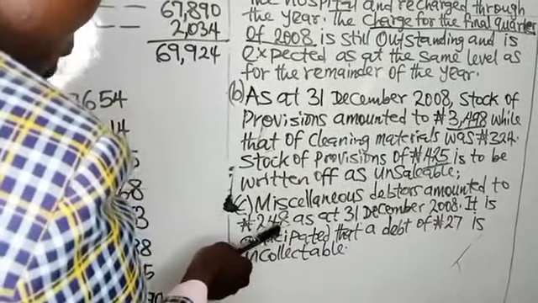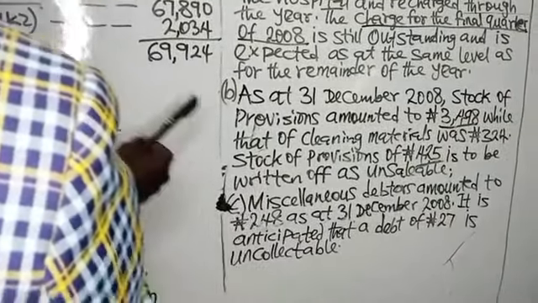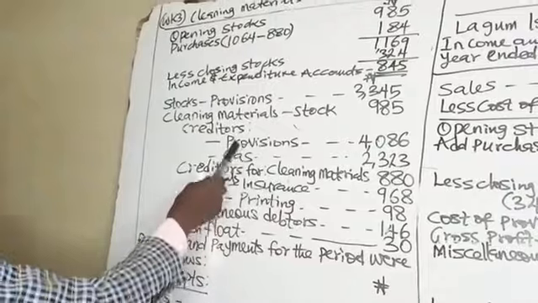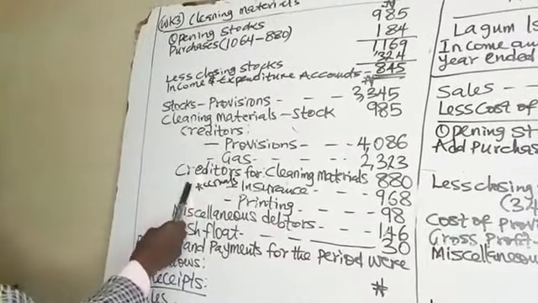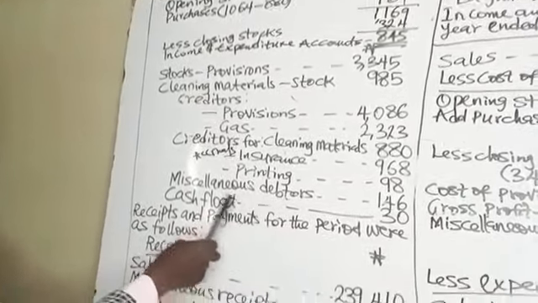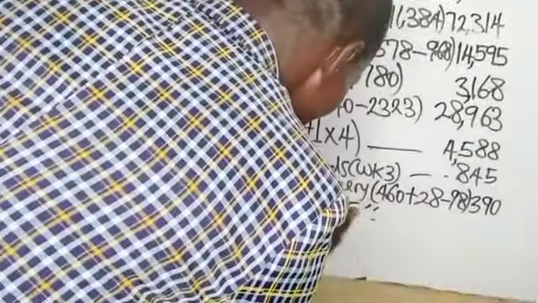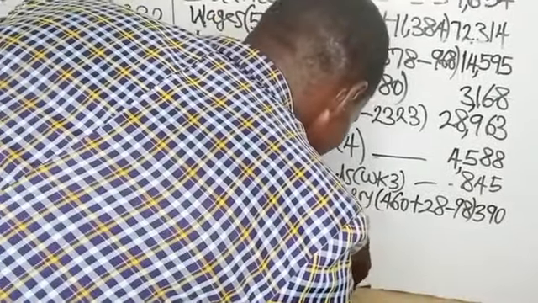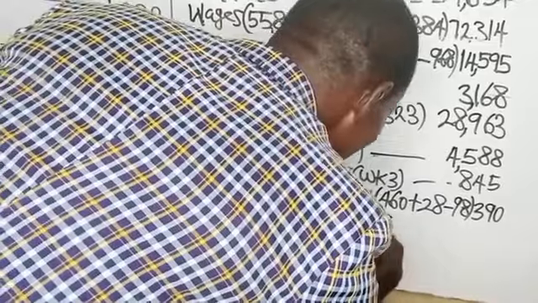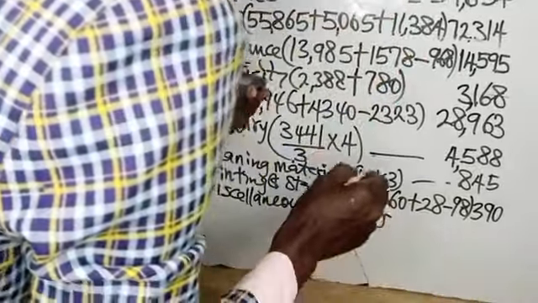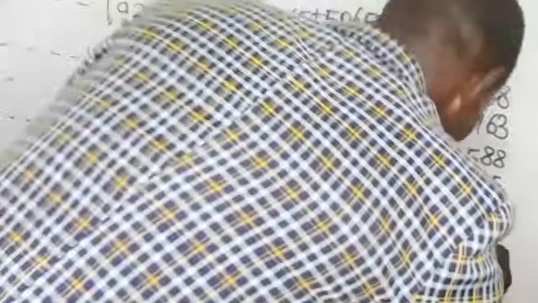This is miscellaneous debtors, and that has been adjusted to get miscellaneous income. The debtors have been adjusted in the miscellaneous receipt, so there is nothing that affects miscellaneous expenses.